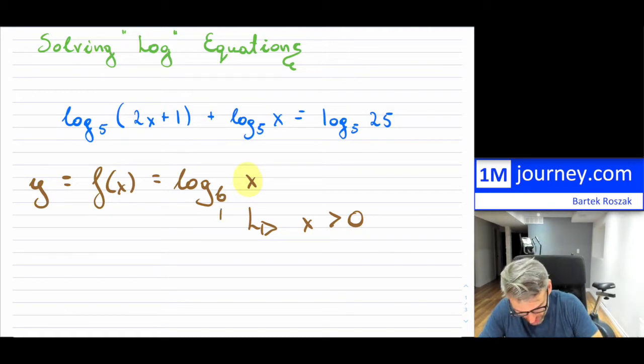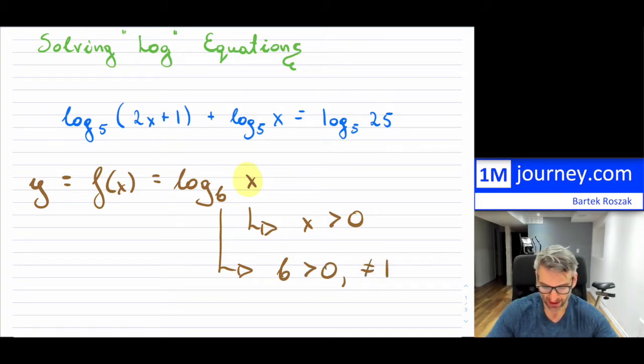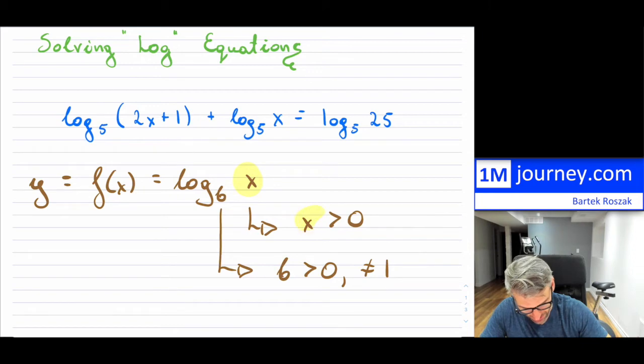Now, we also have the assumption that our base b is always greater than 0 and it's not equal to 1. And that's also because logs are just inverses of exponential functions, or of exponents. So if we know this, then we have to keep in mind that whatever we're going to take the log of has to be greater than 0.